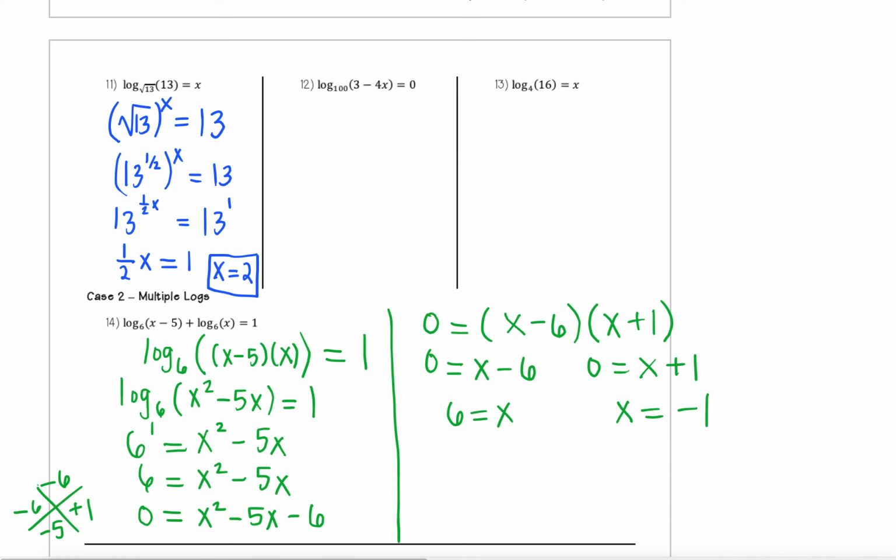Now, because we created a quadratic equation, we could actually produce answers that are not real solutions to this equation that we have. And the reason this happens is because the domain of a log function is strictly positive numbers. When we looked at just y equals log base b of x, and we looked at that graph, let's assume that our base is bigger than 1, but we had a graph that slowly grew over time.